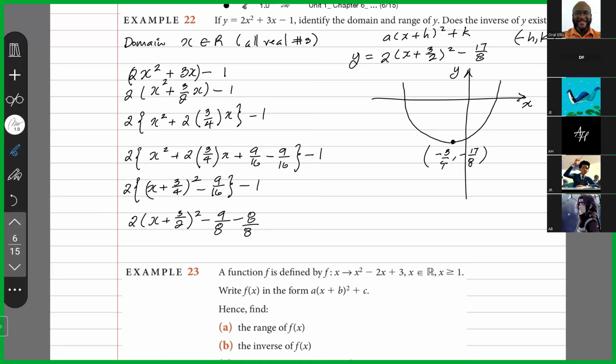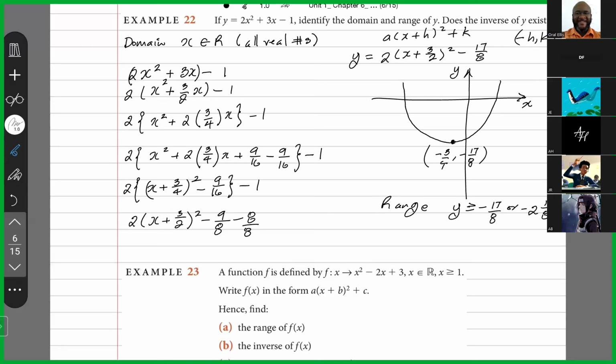Remember, the range would be the values of y where the graph exists. So the range would be y is greater than or equal to minus 17 over 8, or minus 2 and 1/8. That would be the range.